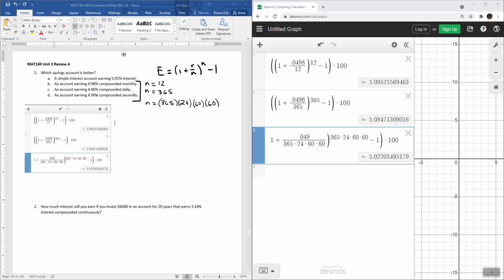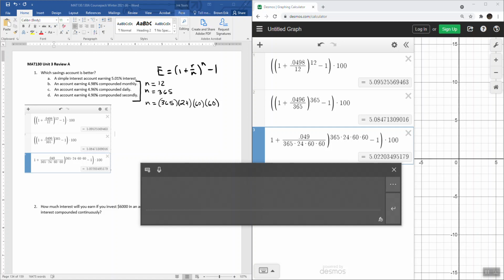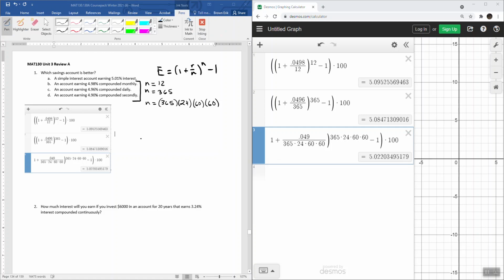So in this case, we want to pick option A, the 4.98% compounded monthly, because it has the highest effective interest rate. So it's approximately, let's say, 5.10% annual interest.